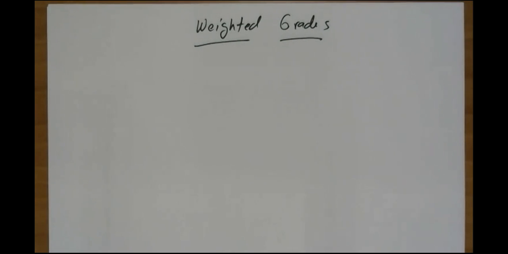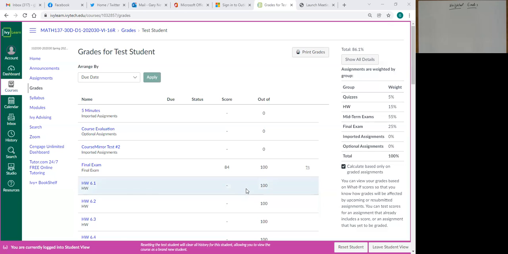So I'm going to go ahead and share my screen and go into what should look like a typical grade book. So here, this just is a class. Of course, this is Test Student. This is just an example, and there are not a lot of scores here. I've put in just a few scores to show you what to do.